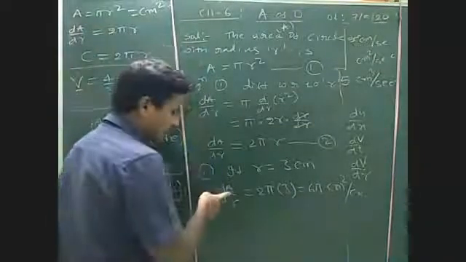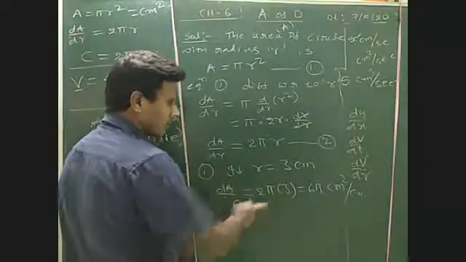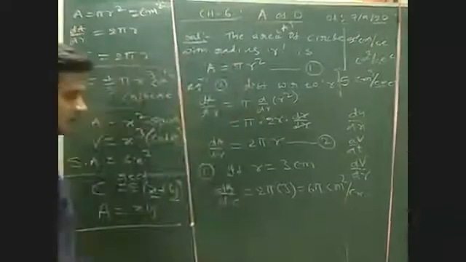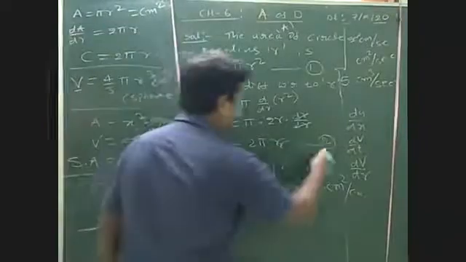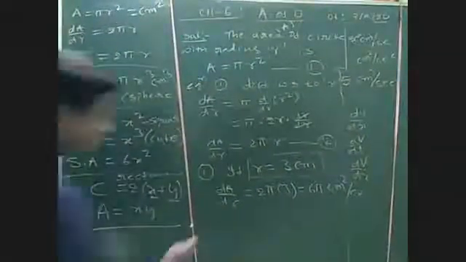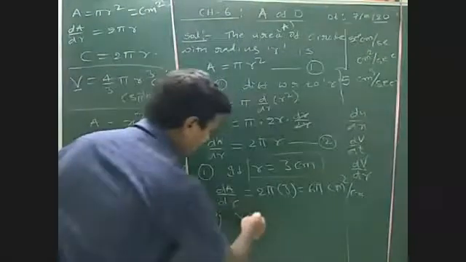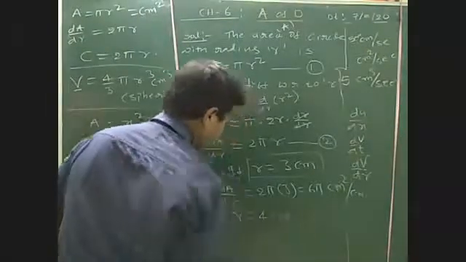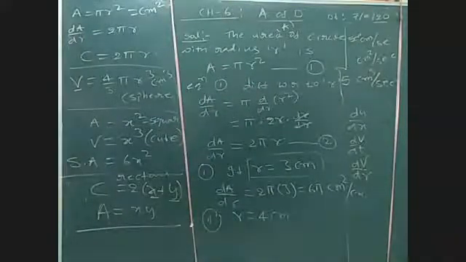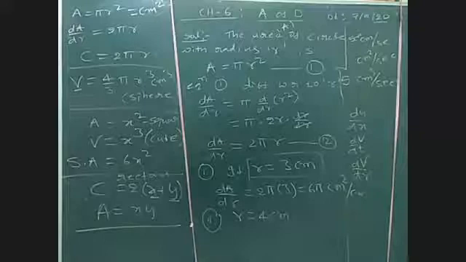The rate of change of area with respect to radius is 6 pi centimeter square by centimeter when the radius r is equal to 3 centimeters. Like that we will write. What is the second answer? Second is r is equal to 4 centimeters. Substitute that. In the same way, do the second one.